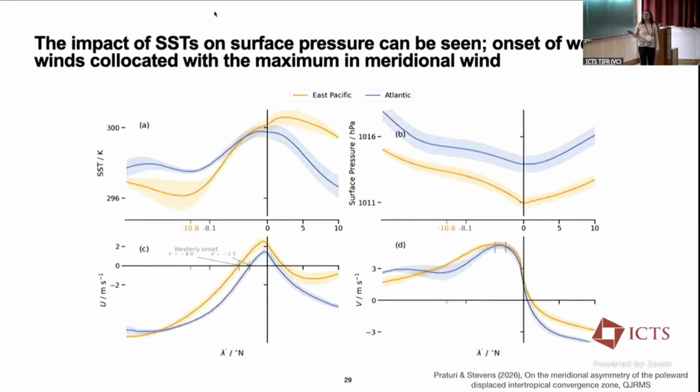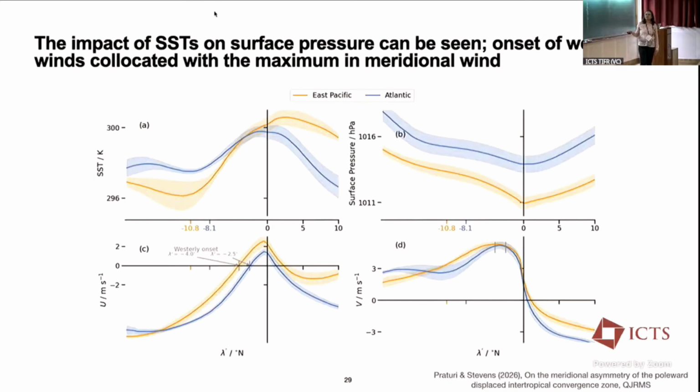I didn't have this slide, but I added it in last night because it might give you the impression that the linear balance models are probably wrong because advection is important. But I want you to look at the sea surface temperature, which is given in this plot, and compare it with the surface pressure.